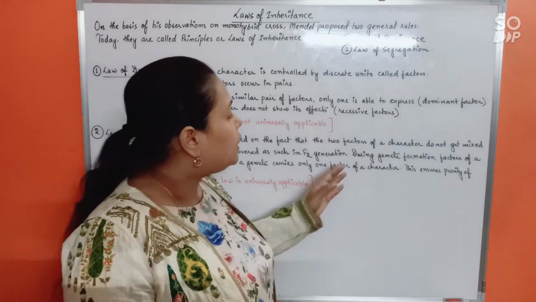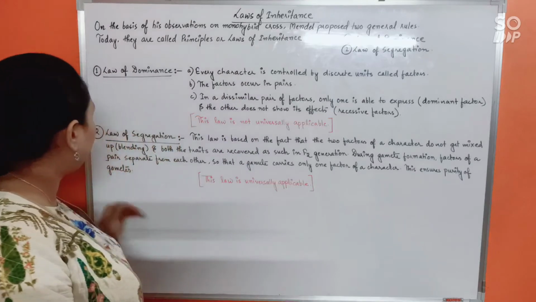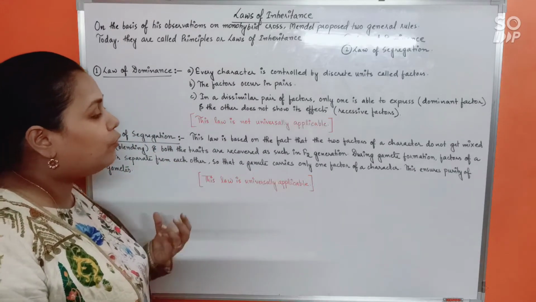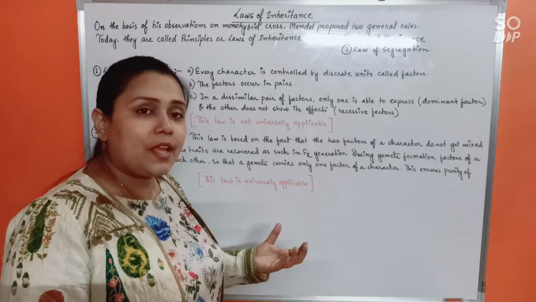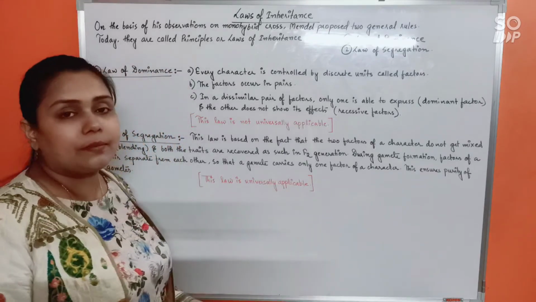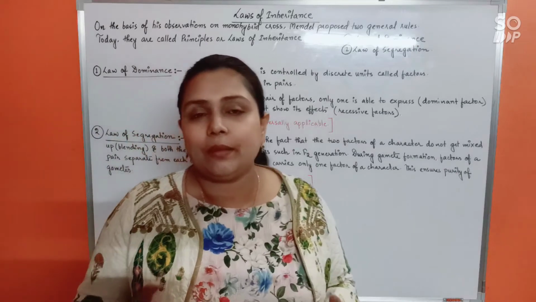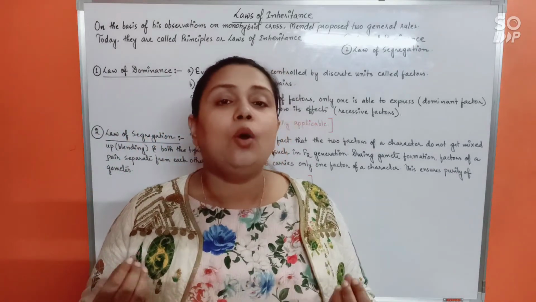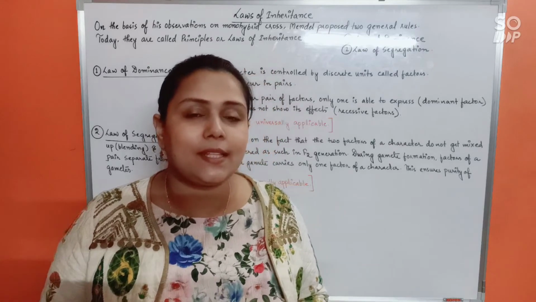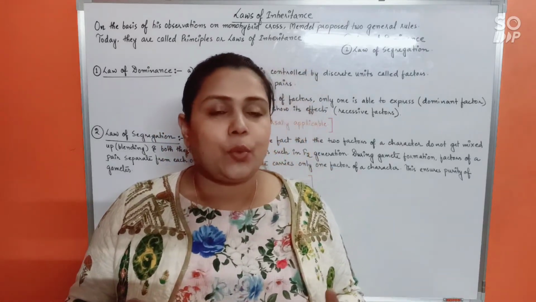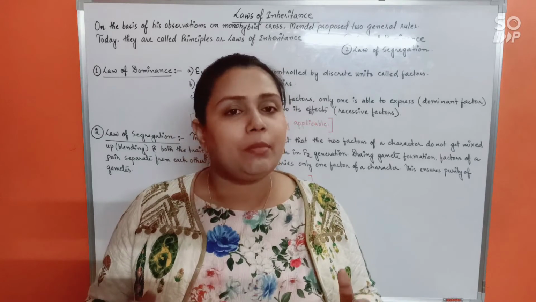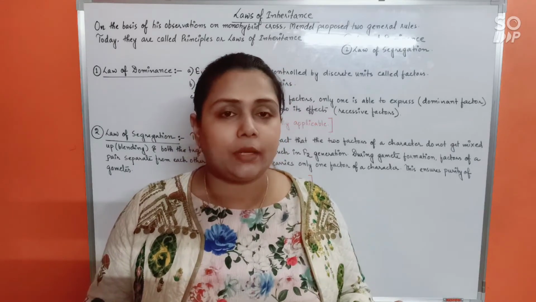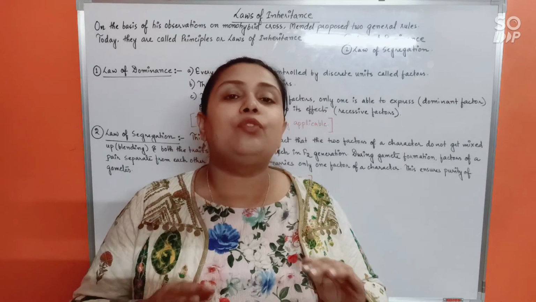Now, during gamete formation, factors of a pair would separate from each other so that a gamete carries only one factor of a character. This ensures purity of gametes. So law of segregation means law of separation. What Mendel is trying to state is that two factors when they remain together do not show any mixing or blending, but during gamete formation, when meiosis takes place, the pairing of the factors will be lost.